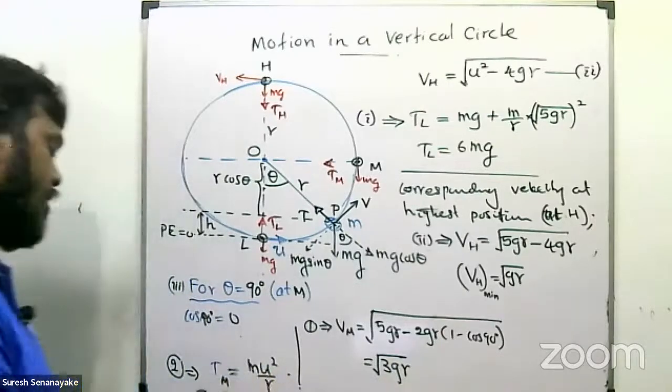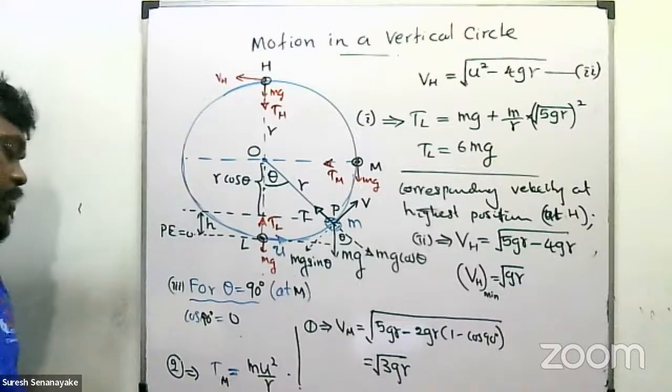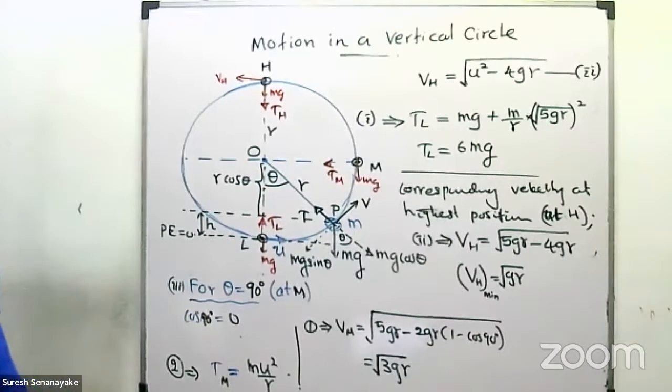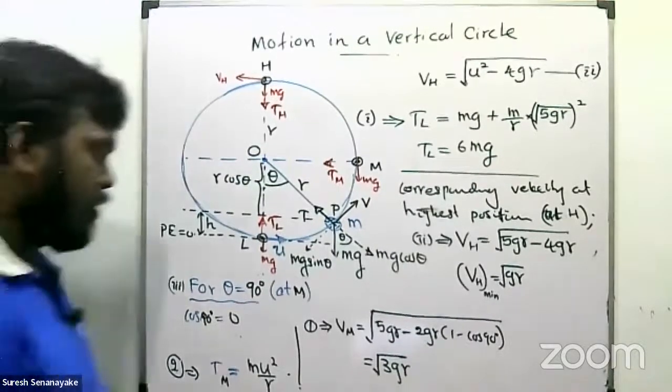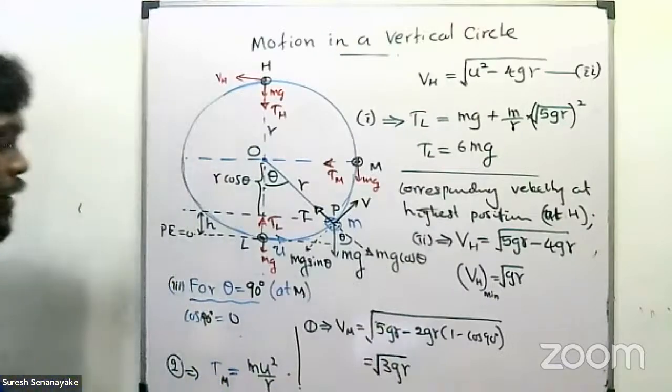And tension, square root of... Oh, here 3gr. It's okay, it's 5gr. Tension is negative here.